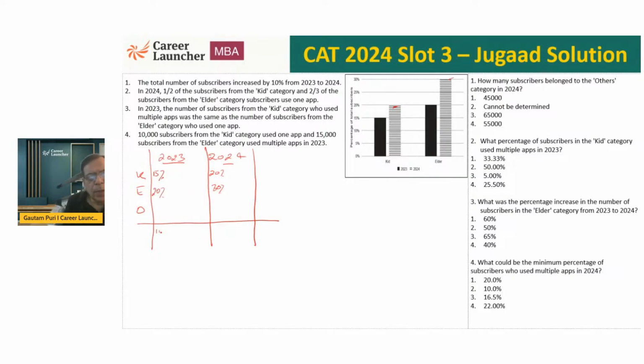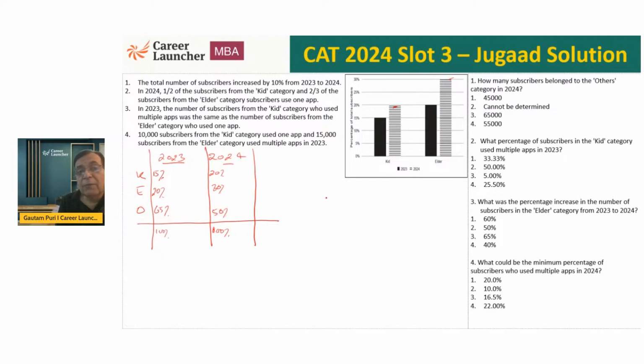Since the total has to be 100%, that means others in 2023 should be 65%, and in 24, others should be 100 minus 50, so 50%. Okay, perfect. So this is what we need.